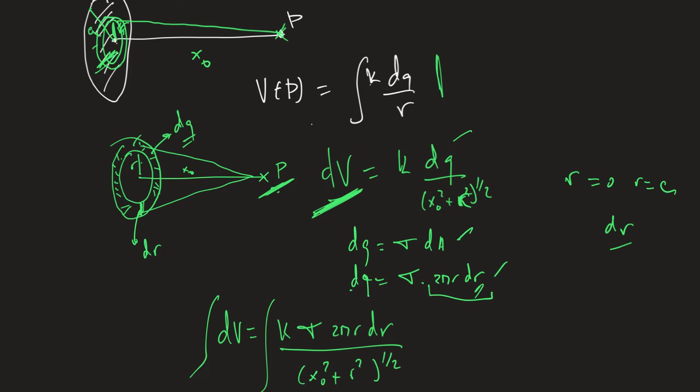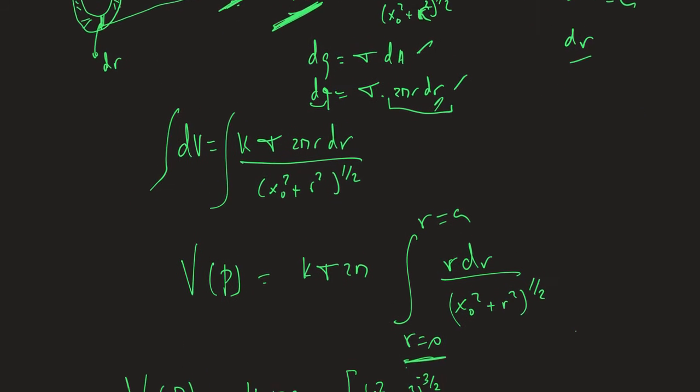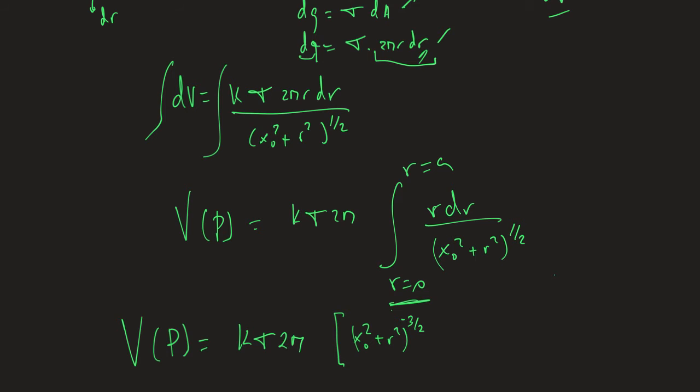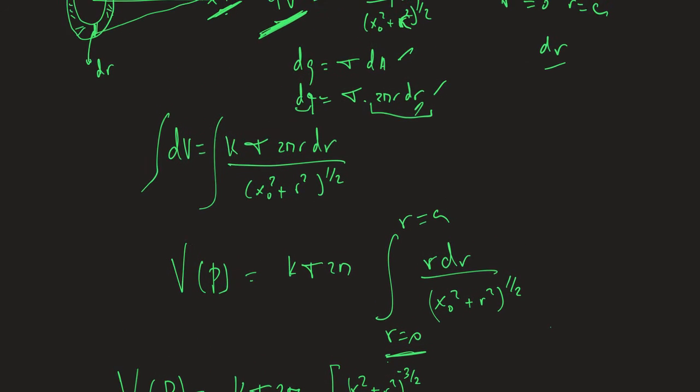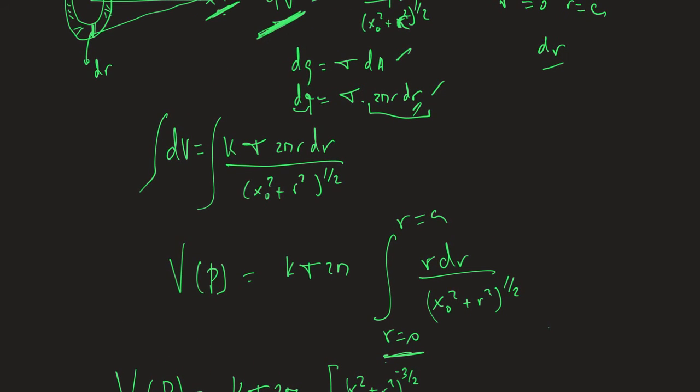So I will plug in dq here, and I will have that dV is k times dq, that is sigma times the area, divided by this. These are constants. This is not a constant now because it depends on r.